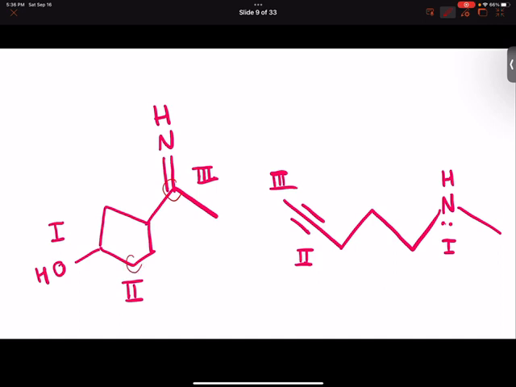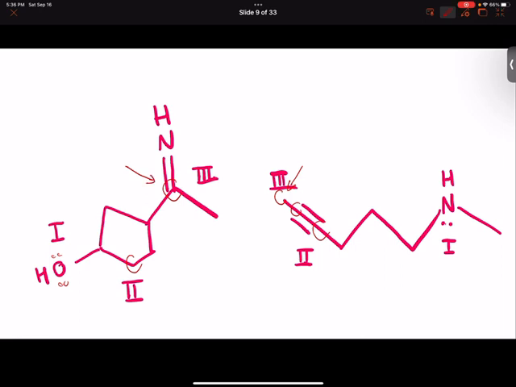Then this carbon down here, then this oxygen, then for this one we're focusing on this carbon down here. These are two different carbons, we're focusing on this one, and then we're going to be focusing on this nitrogen. Okay, so then we're going to be looking at this one first.